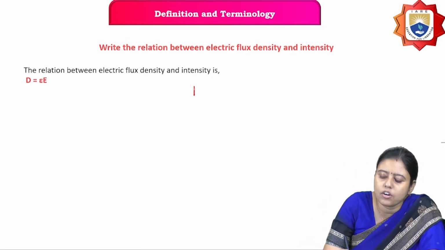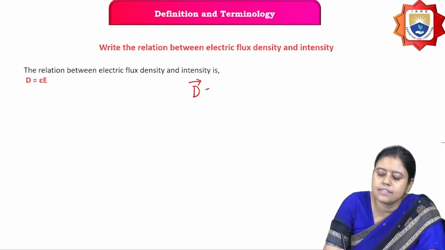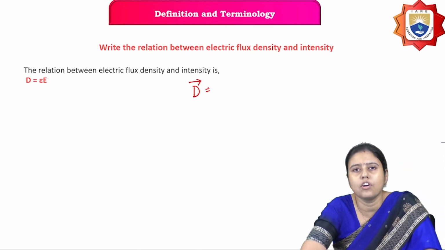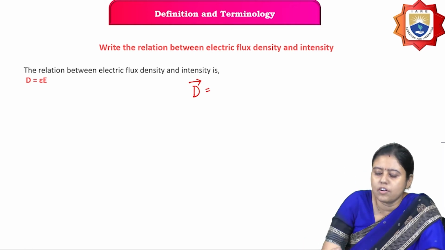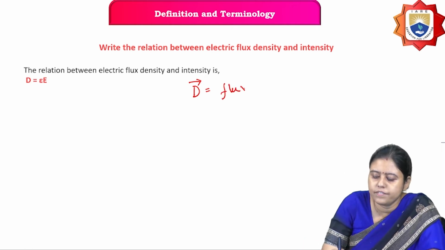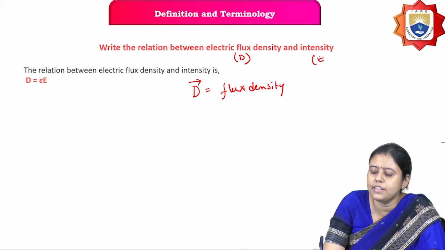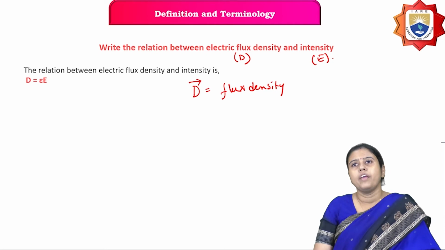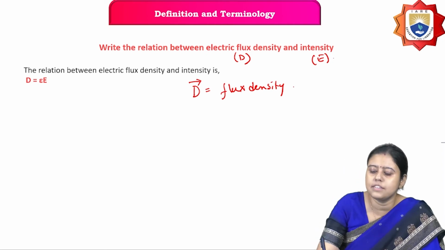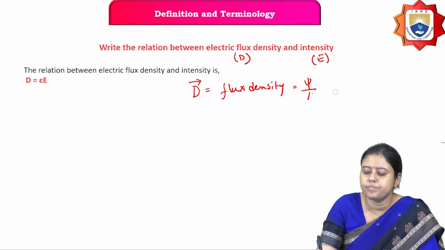According to the Gauss law, D is the flux density, and this is the field intensity, which we write with E. So D is equal to flux density, psi by the cross-sectional area.